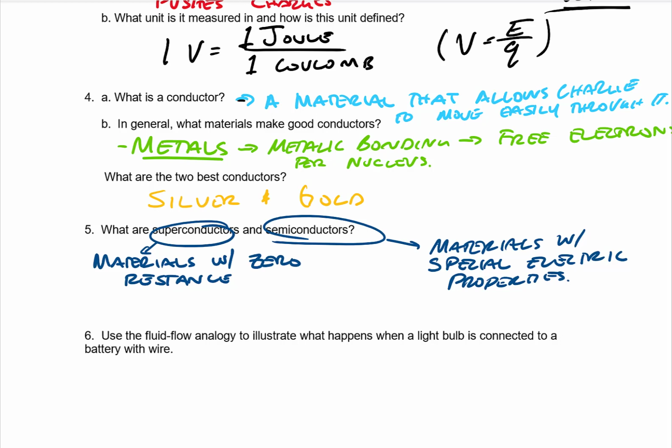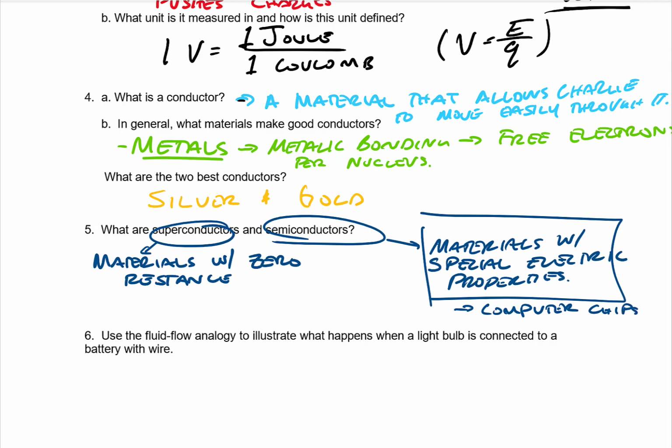They conduct electricity under certain circumstances in certain ways. Because of those special properties, we can build computer chips out of them. You can set the voltage that's going to allow them to conduct electricity. They're very complicated, but they're great.